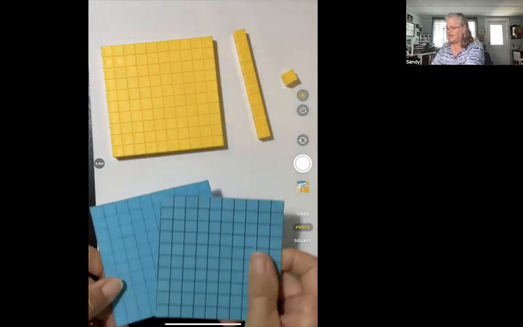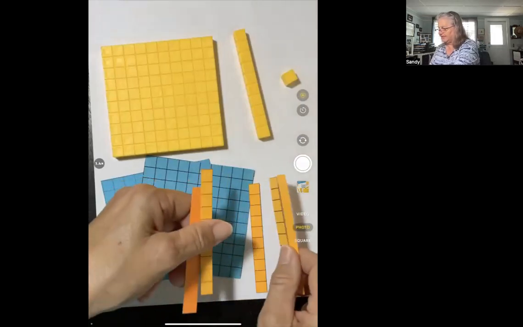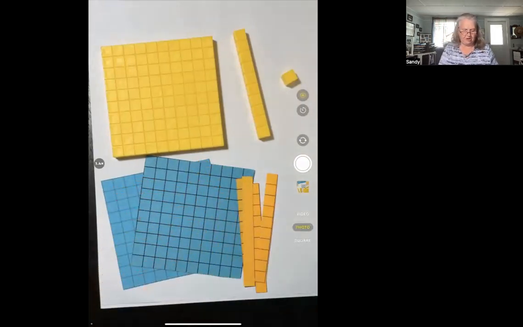Now, you may see I also tend to use paper versions of that model. And the paper versions, I use them very specifically, and I'll show you a little bit why. But see, I have paper versions. I've laminated them. This is just cut out of centimeter grid paper.